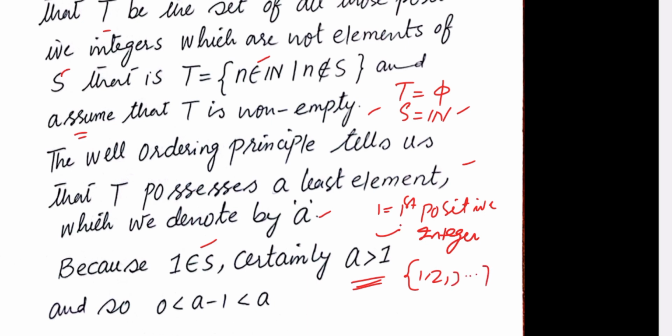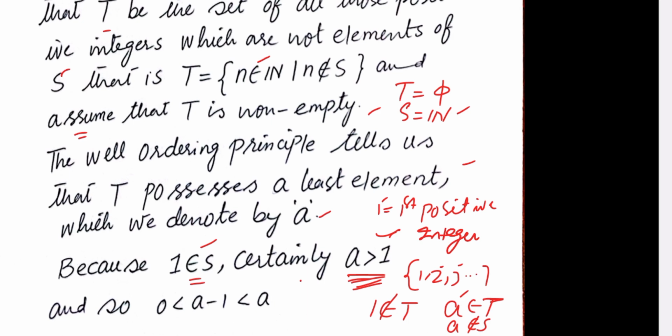Now the first positive integer 1 is an element of S. It means if 1 belongs to S, then 1 cannot belong to T. As A belongs to T, A cannot belong to S. Then certainly A must be greater than 1, because A is an element of T and T consists of all those positive integers that are not elements of S. A can be 2, 3 or some other number.